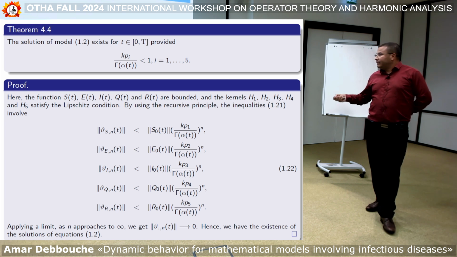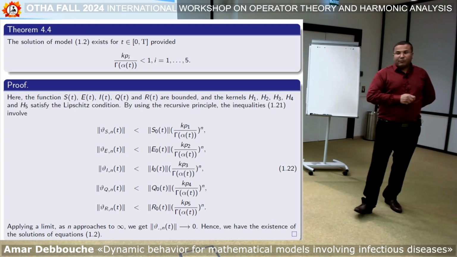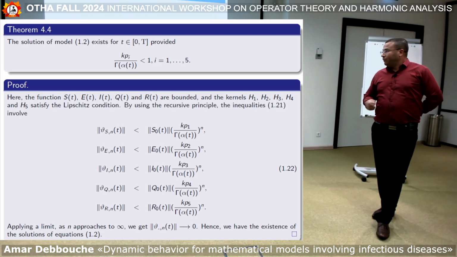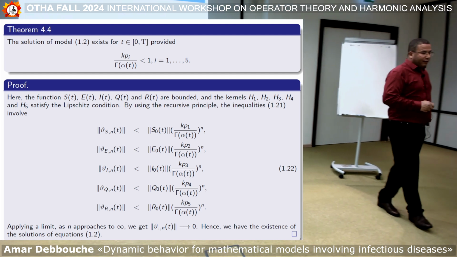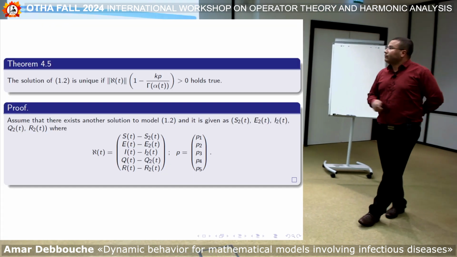It is easy to get these estimations. We apply the limit appropriately as n tends to infinity. It is easy to get these results, which means we have the existence result of solutions.